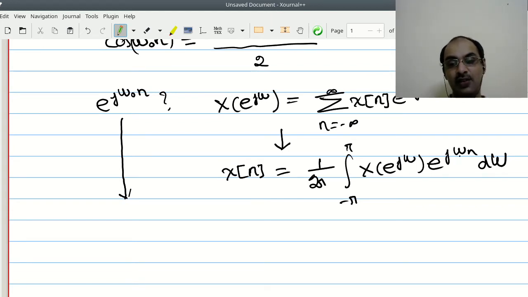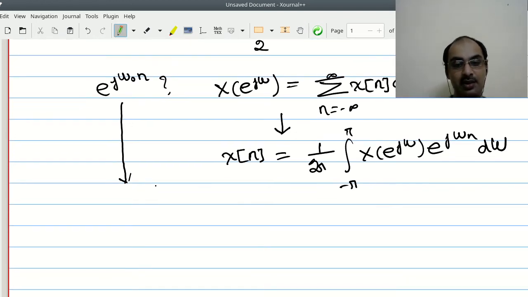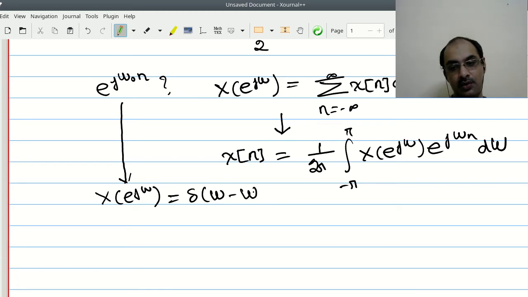All we need is for this to evaluate to omega naught and come out. The rest inside will just go away if you do that. So we can define the DTFT of the sequence to be delta of omega minus omega naught.